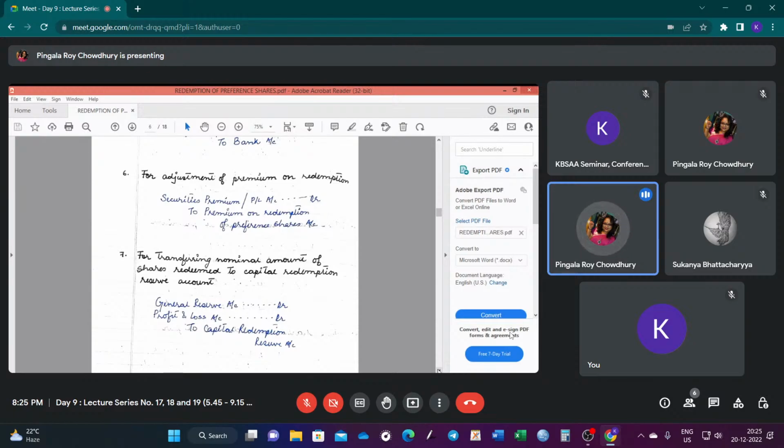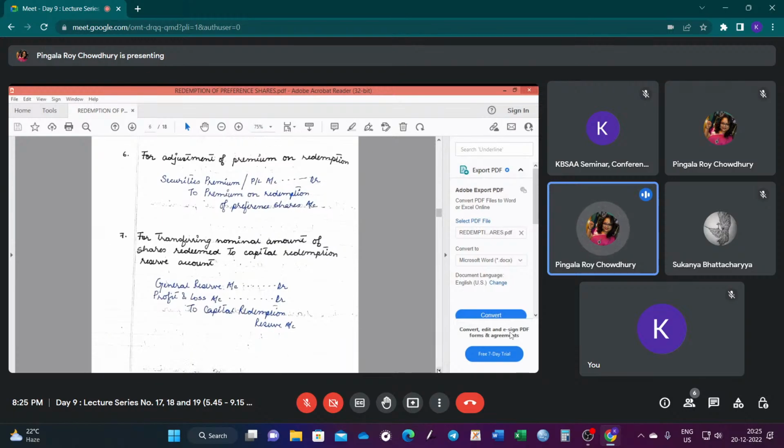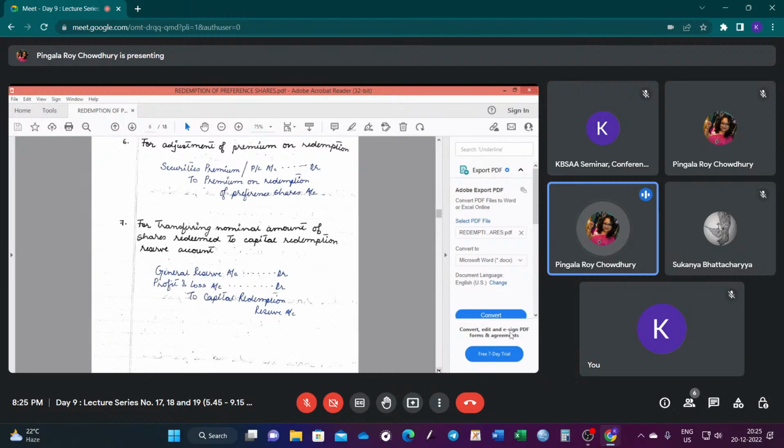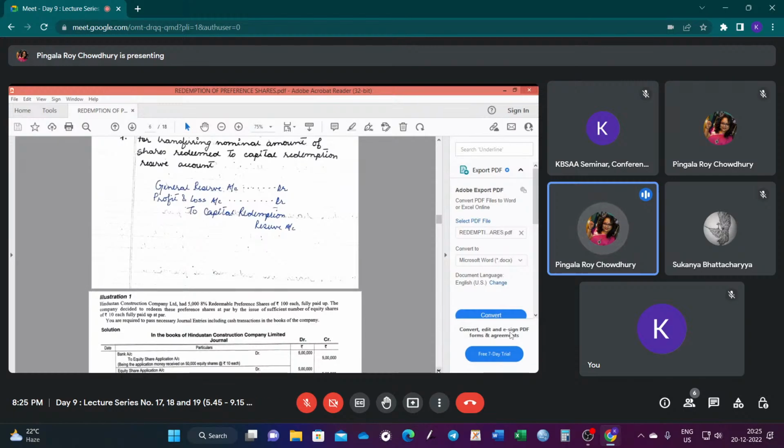So general reserve will be debited, profit and loss account will be debited, and a newly created reserve will be credited, that is capital redemption reserve. These are our basic journal entries for doing the redemption. This is basically a very short chapter, a very small chapter, which doesn't have extreme complications, just needs certain things to remember, which we will be going through in these sums.